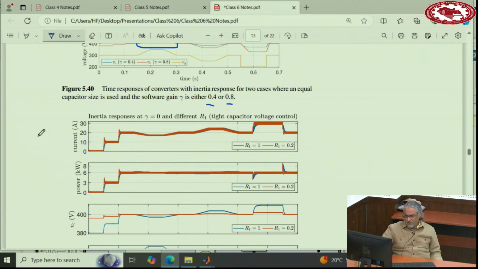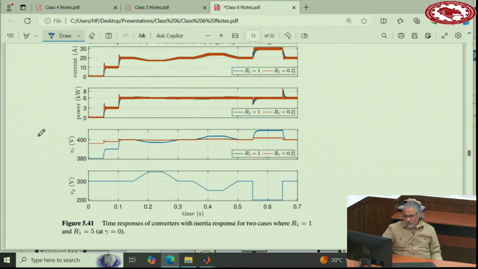Okay, and then the impact of R1. R1 equal 1 is the one that we discussed in the previous simulations. Now I went to some extreme, R1 equals 0.2. I reduced the impedance, so to speak, or reactance, here in this case it is resistance, between the machine and the grid.